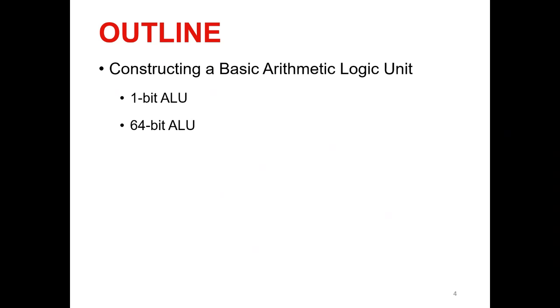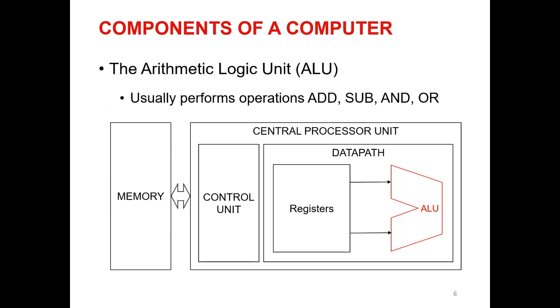As I have mentioned, we are going to see how a basic 1-bit arithmetic logic unit is implemented in hardware. If you remember, we showed some time ago that the components of a computer are the ones we have on the screen. We have memory, and we also have the processor, and the processor was composed of the control unit and the data path, and we showed that the data path internally has registers and the arithmetic logic unit.